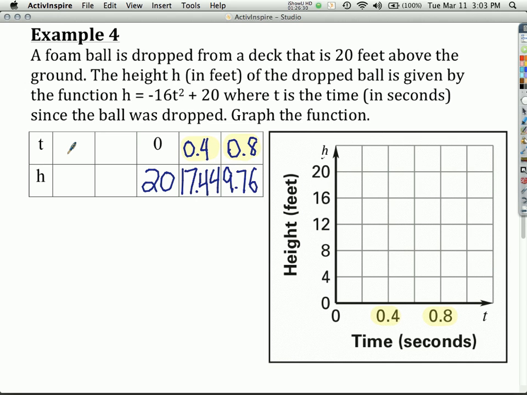Nathaniel? Negative 0.4? Like this? Okay? And then negative 0.8? Okay? Anyone have a comment? One person has a comment?